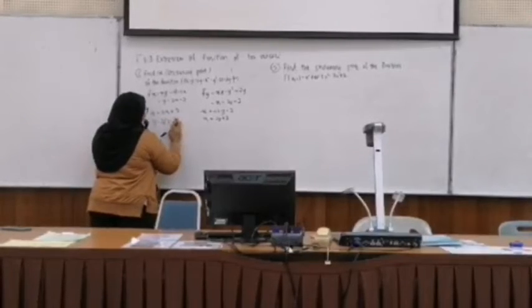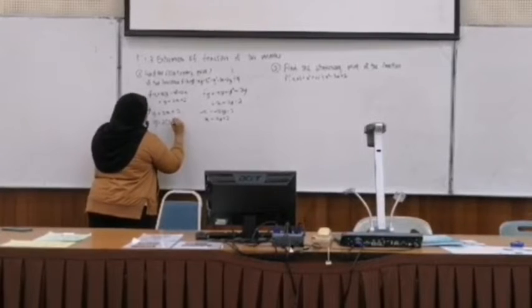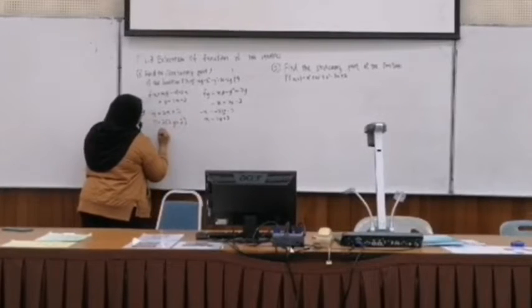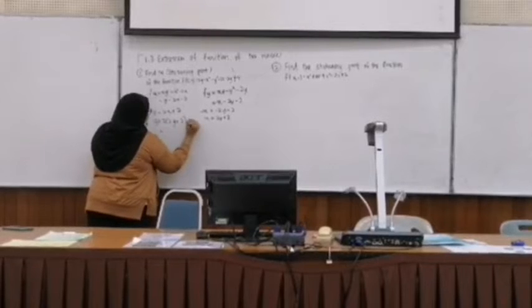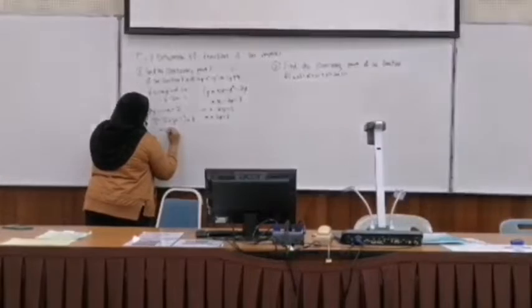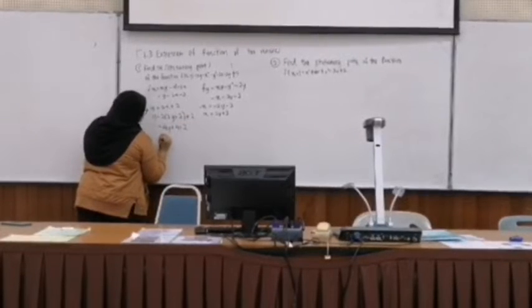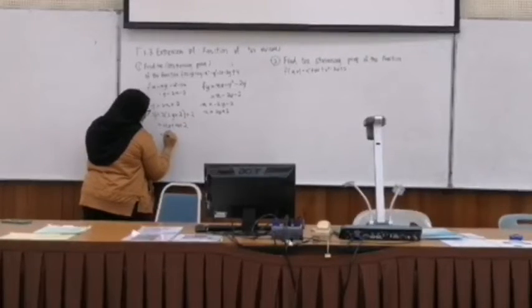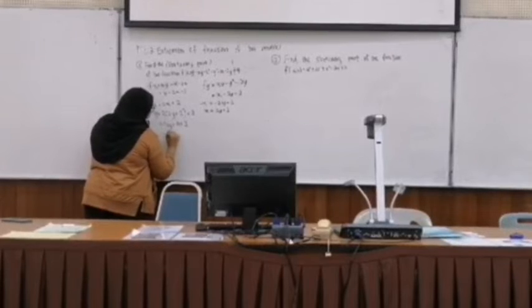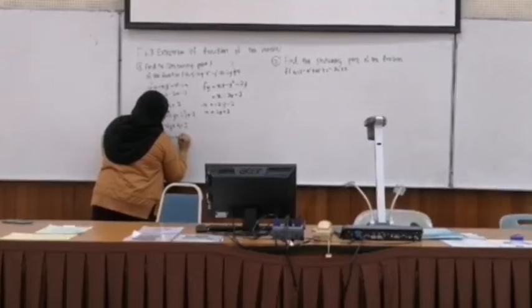y equal to 2(2y plus 2) plus 2, and we will get 4y plus 4 plus 2, which is 4y plus 6.